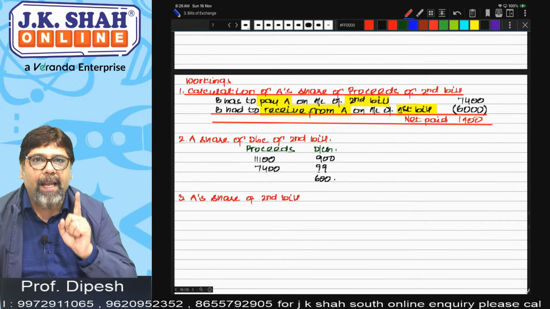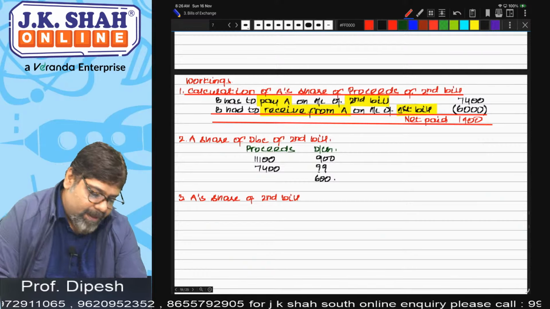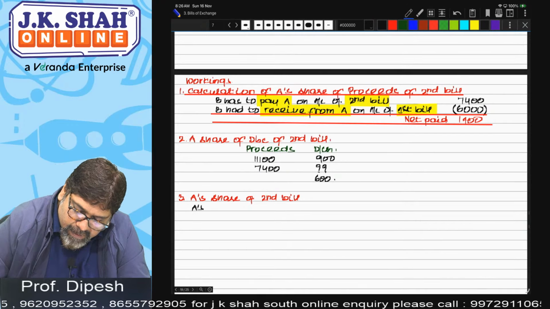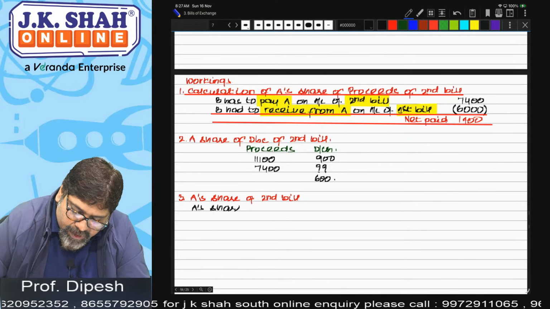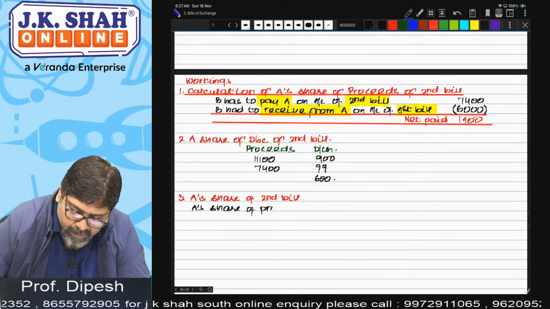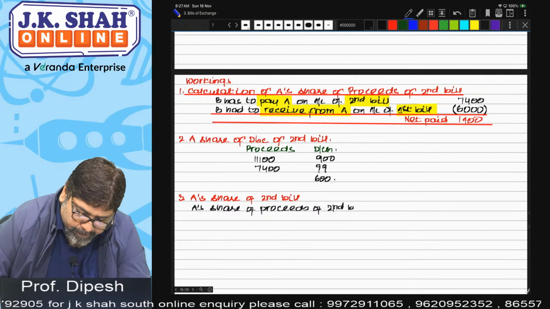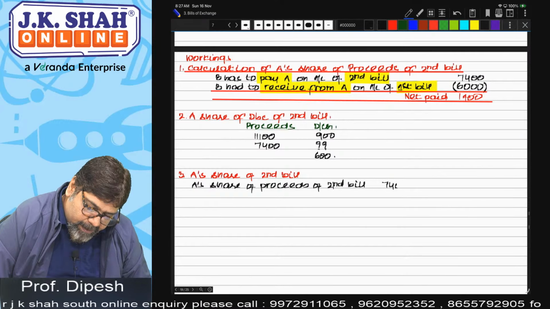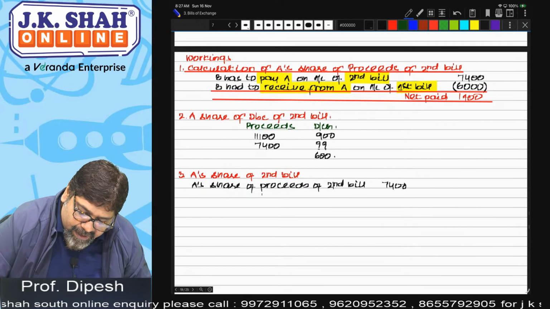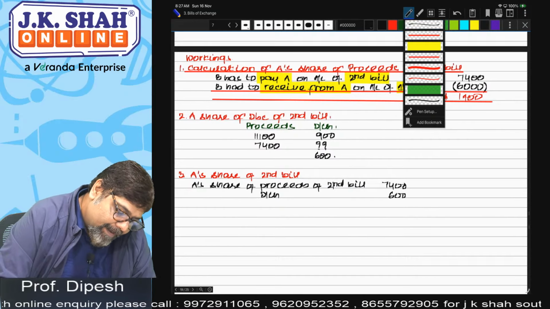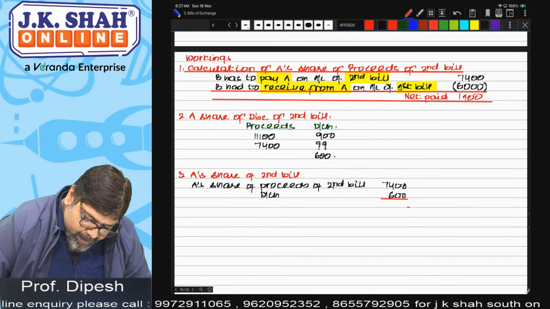So A's share of proceeds of the second bill is 7,400. A's share of discounting charges of the second bill is 600. Therefore, A's share of the bill is 8,000.